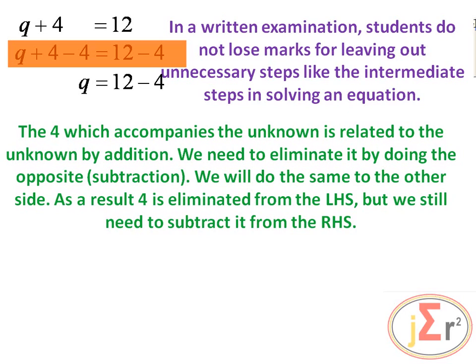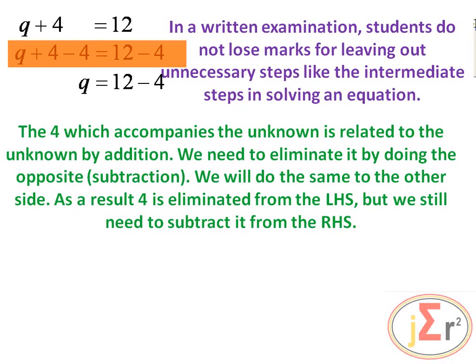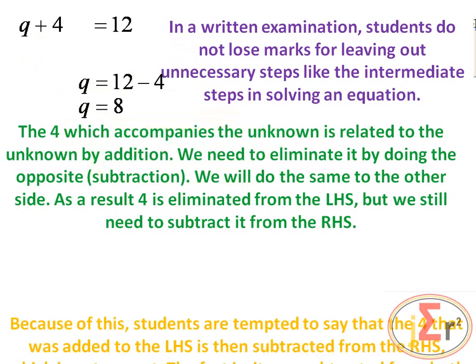However, the intermediate step is sometimes eliminated, and we are tempted to say things that are incorrect. Notice that what we are actually doing is subtracting 4 from both sides, and that is what we need to do, and that is what we did. However, this is what happens sometimes.